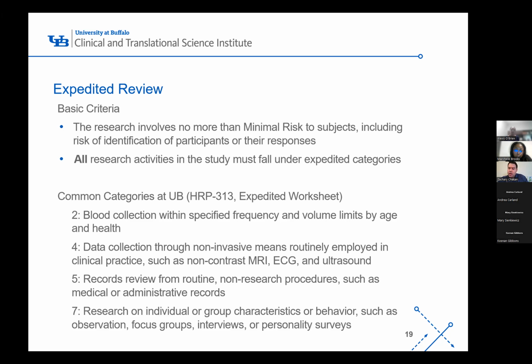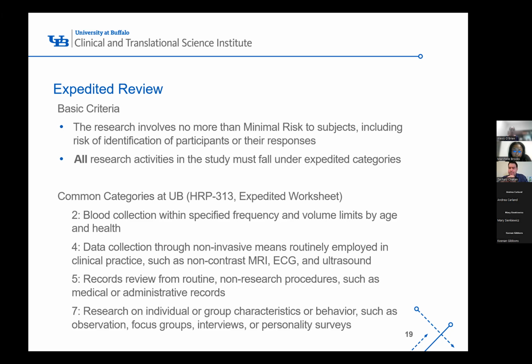If a person's identity is revealed, it could affect their employability or benefits they could get. If it got out that someone was, for example, a drug user, that would not be good. So we would probably not review that survey study as exempt.